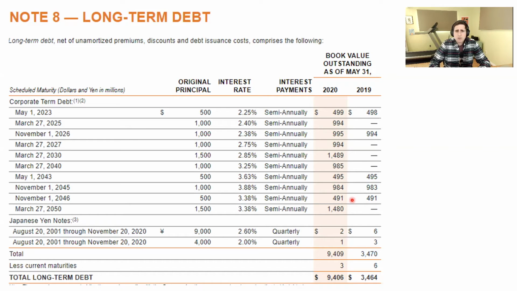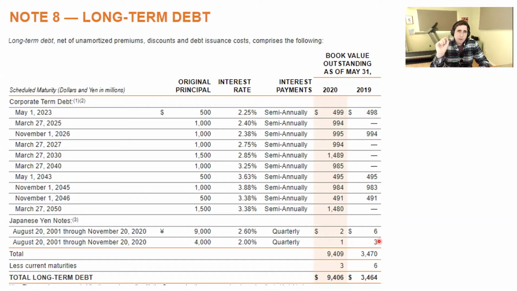This bond was issued in 2017 and matures in 2046, so it's a 30-year bond, and its original book value was 490 million. It has 30 years to make its way from 490 million up to 500 million. Okay, so it's slowly amortizing its way up.